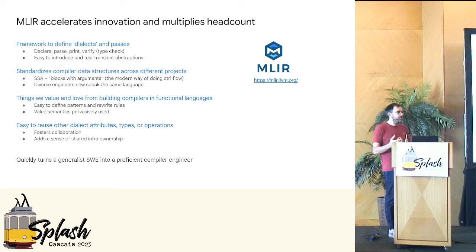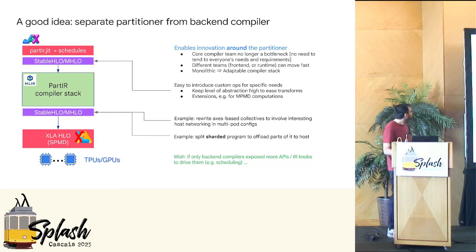Everyone owns this infrastructure; it's for everyone. In our team we do have some compiler PhDs, but we mostly get very good engineers who are not compiler experts. They come from a Java background or whatever, and they very quickly turn into proficient compiler engineers. I think that's largely because of this framework and guidance from our team.